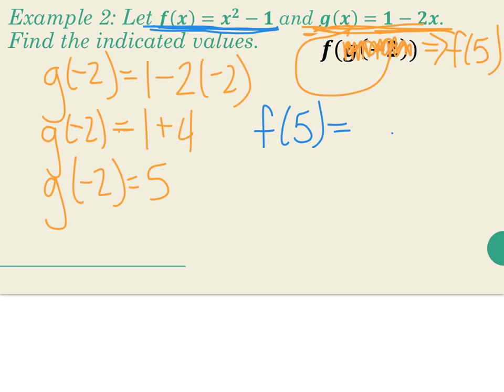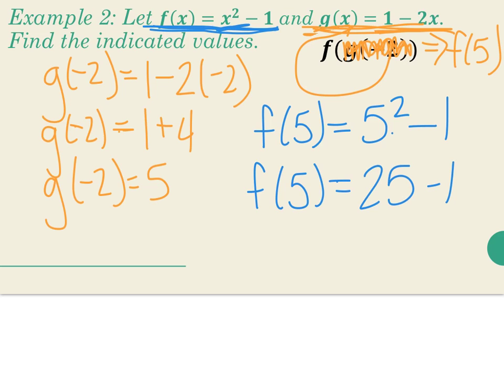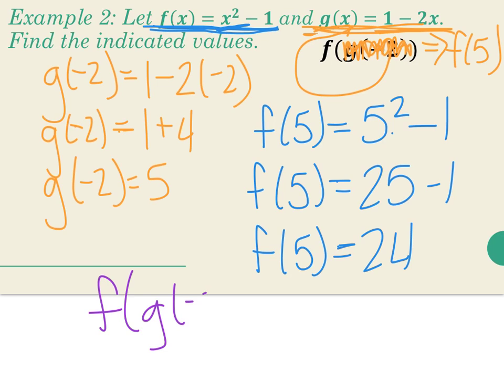So instead of writing x, we're writing 5 squared minus 1. I just replaced the x with the number 5. f of 5 is equal to 5 squared, which is 25, minus 1, so 24. So it says find the indicated values. So we realized as a caterpillar that f of g of -2, when it becomes a butterfly, it's going to turn into 24. That was the answer.